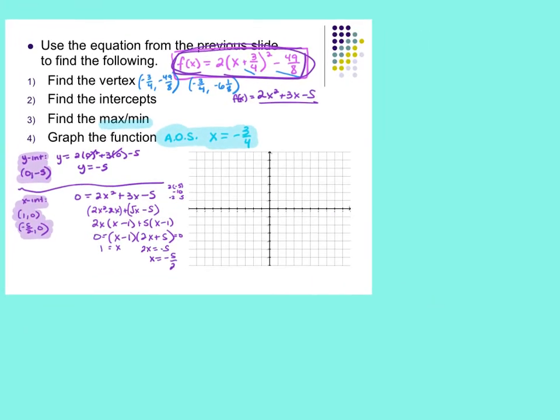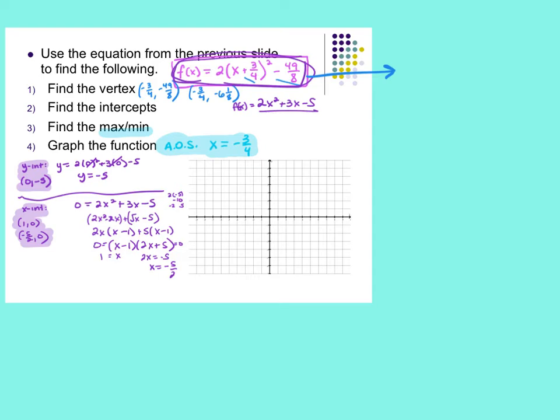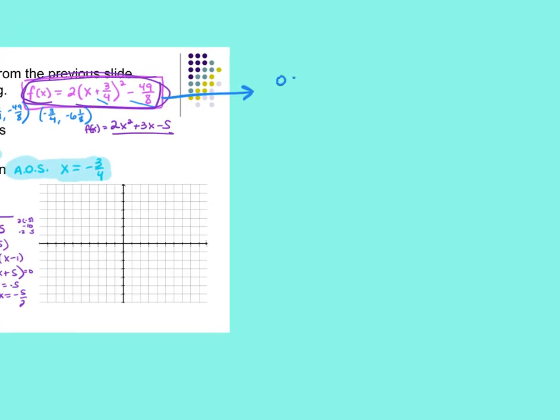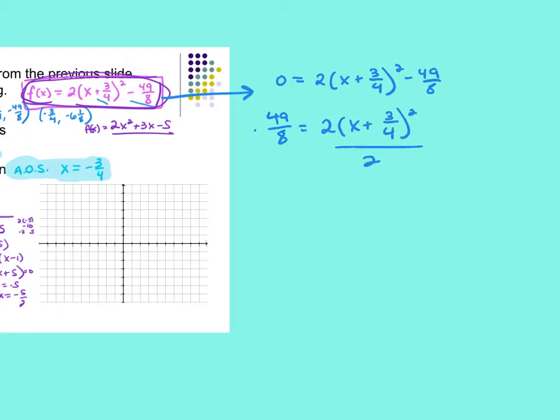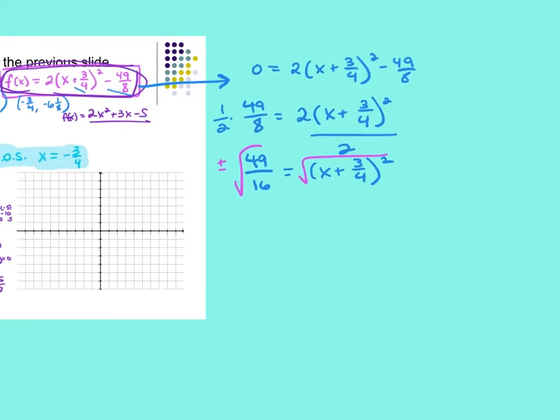Okay, if I had solved it using this format, I would have gotten 0 equals 2 parentheses x plus 3/4 squared minus 49/8, right? Add the 49/8. Divide by 2 or multiply it by a half. Square root both sides, putting a plus and minus on the left.